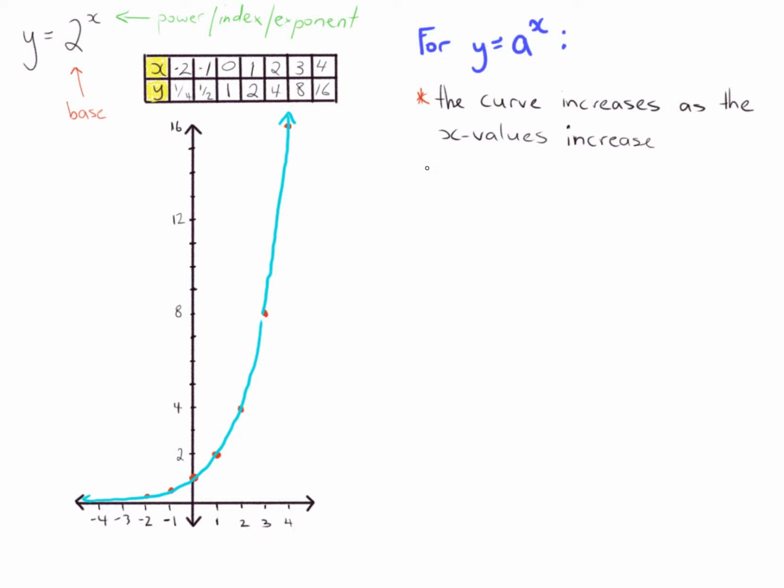Next, if we just focus on the positive values of x, just here, the curve not only increases, but increases very steeply. A key feature of exponential graphs. So there is a steep rise for positive values of x.